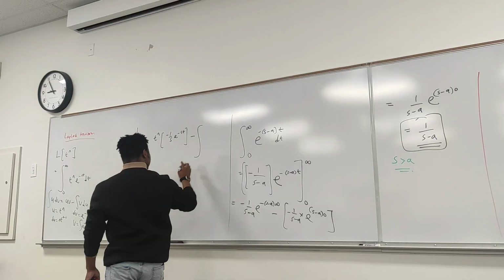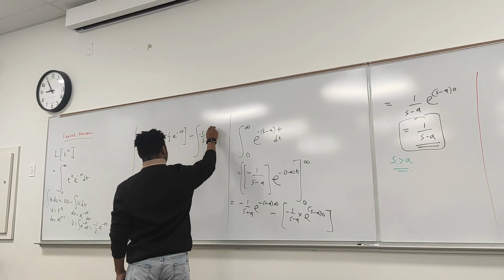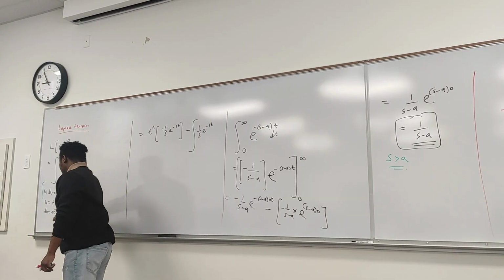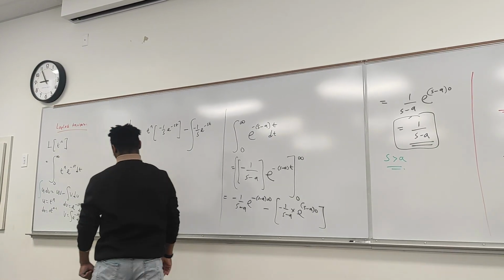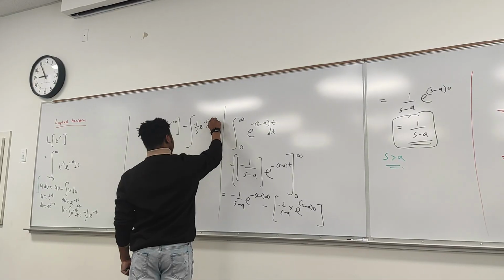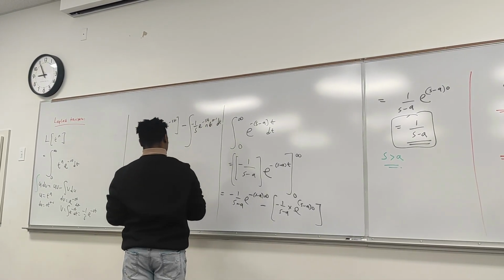Our v is minus 1 over s exponential minus st, and our du is n t to the n minus 1 dt. Okay.